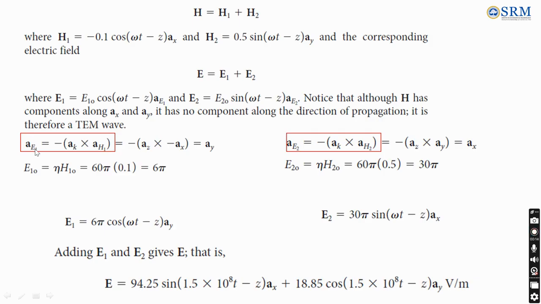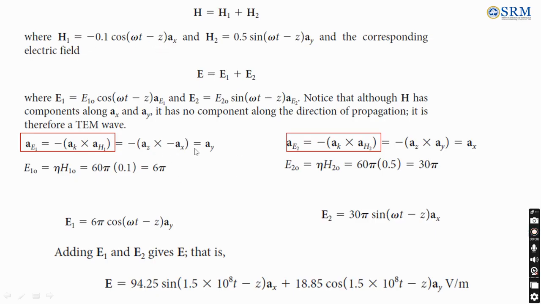So we know that AE is equal to negative of AK cross AH, and since it is the first term, we are writing AE1 and AH1. And if we see the given expression, the direction of wave propagation is in the positive z direction. So AZ cross AH is going to be negative AX because the negative sign is there.